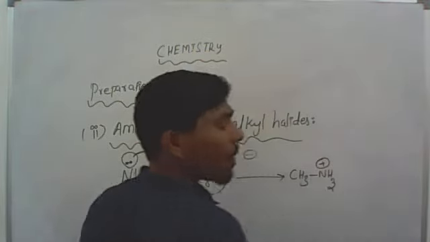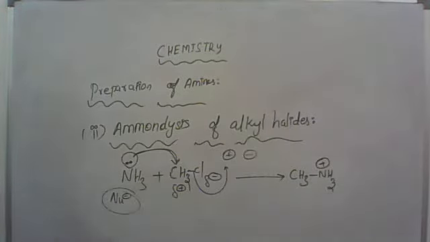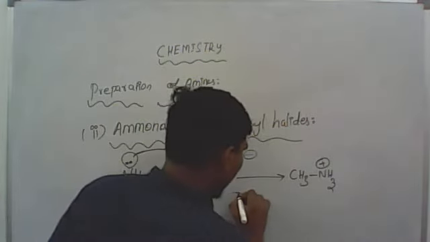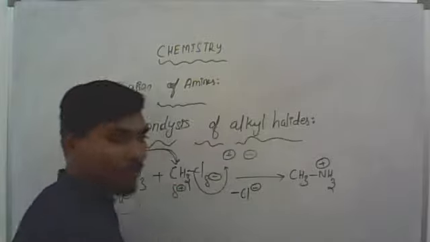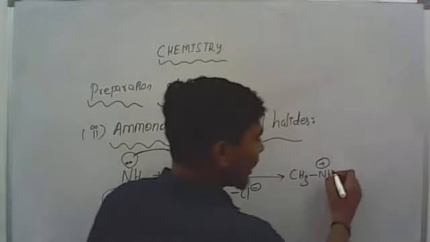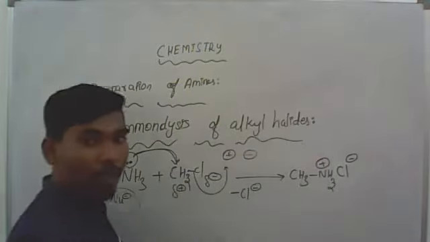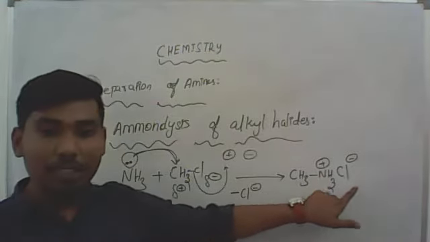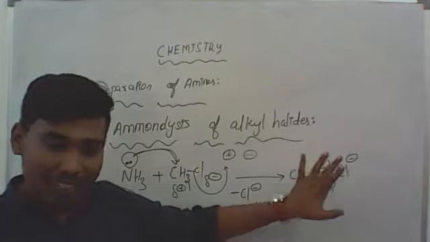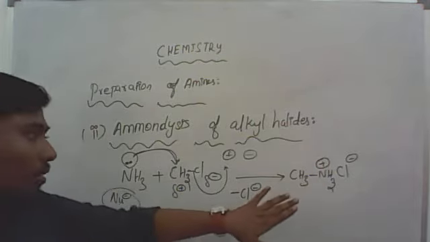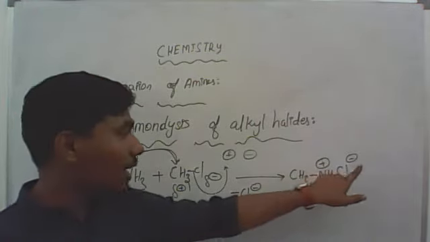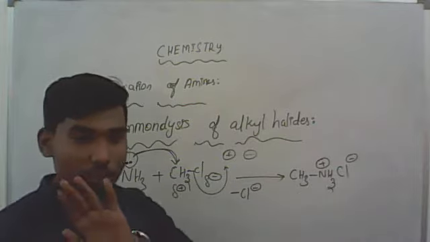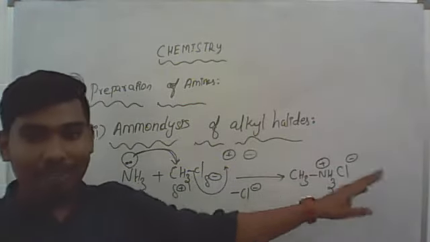Chlorine gained the extra electron, so it is eliminated as Cl minus. There is no bond between nitrogen and Cl; it is just an electrostatic attraction, because one has a positive charge and the other has a negative charge. There is no bond between nitrogen and chlorine.